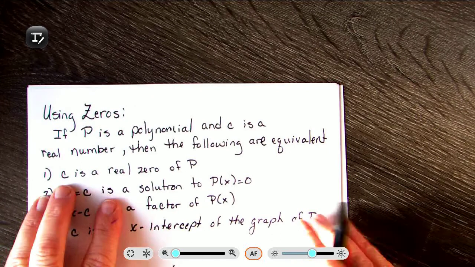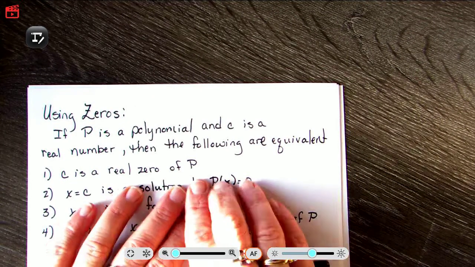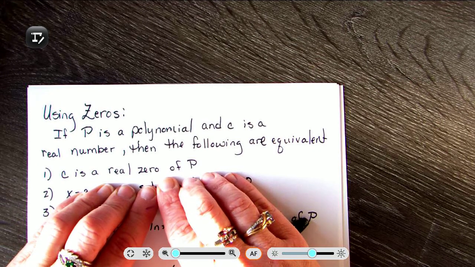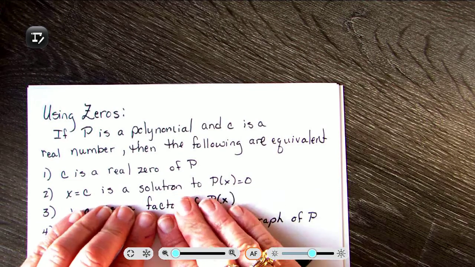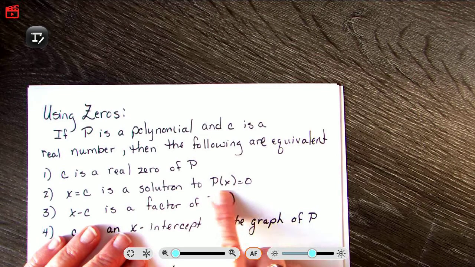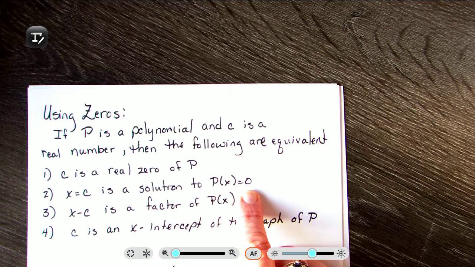We can say that C is a real zero of P. So if I say C is a zero, that should mean something to you. It can tell you that x is equal to C is a solution to setting that polynomial equal to zero. So being a zero, being a solution, same thing.